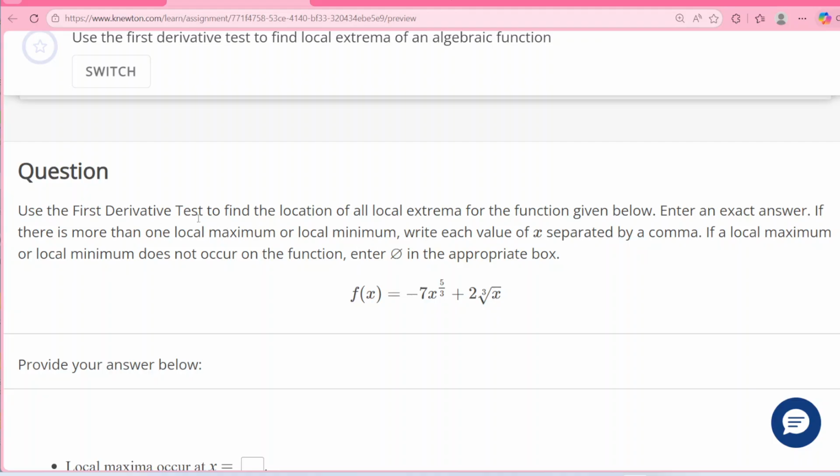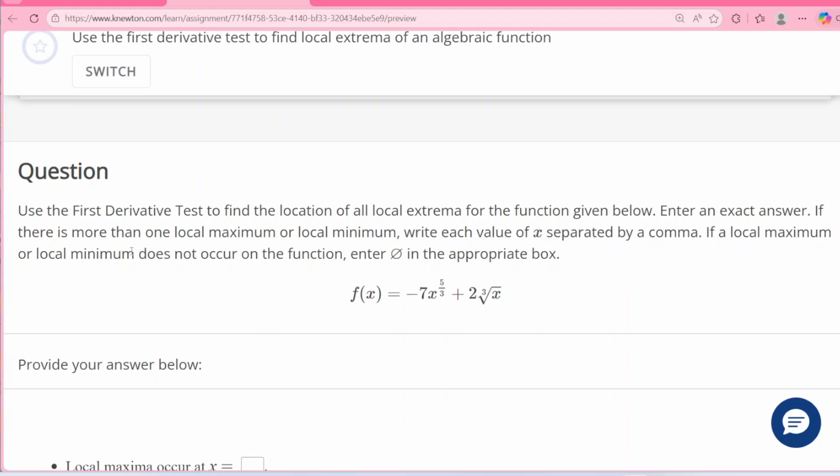So use the first derivative test to find the location of all local extrema for the function given below. Enter an exact answer, right? No rounding. And if there's more than one local maximum or local minimum, write each value of x separated by a comma.